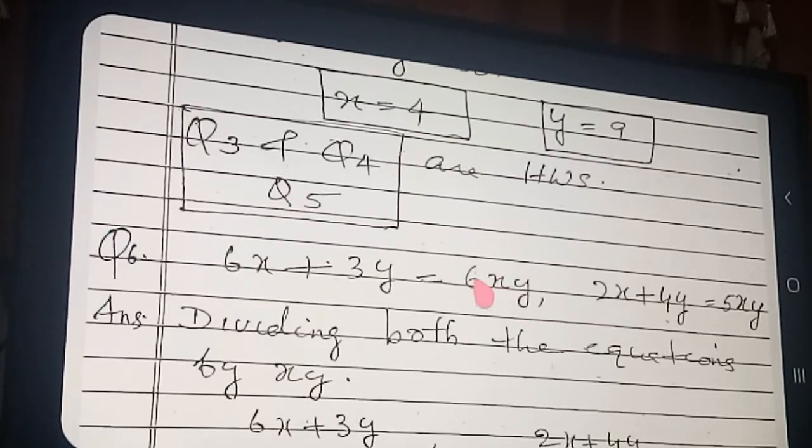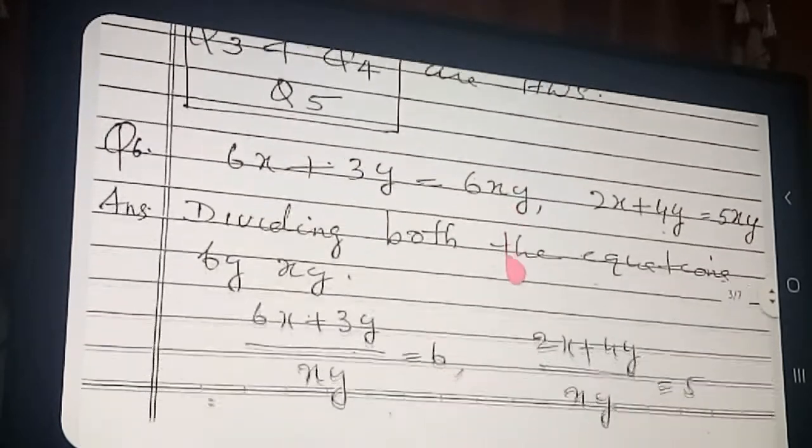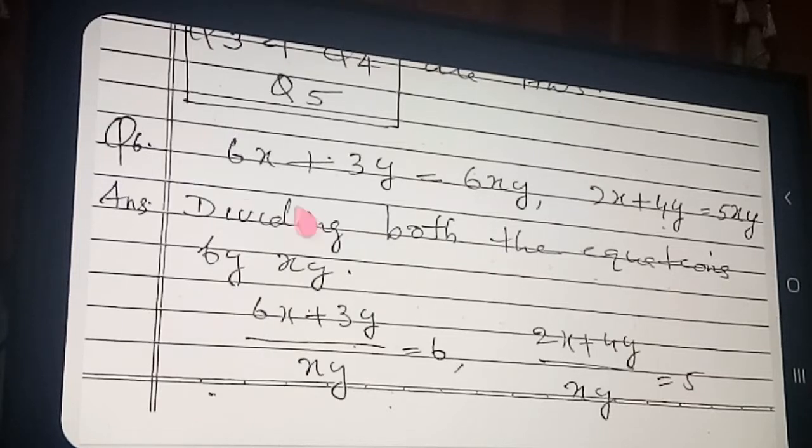Here you can't solve this by keeping xy, so we will divide both the equations throughout by xy. See here, 6x plus 3y by xy. 6xy by xy means xy will cancel, so I have written only 6. Here also the same, divide throughout by xy.